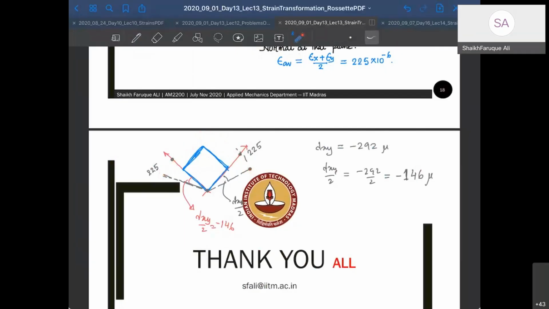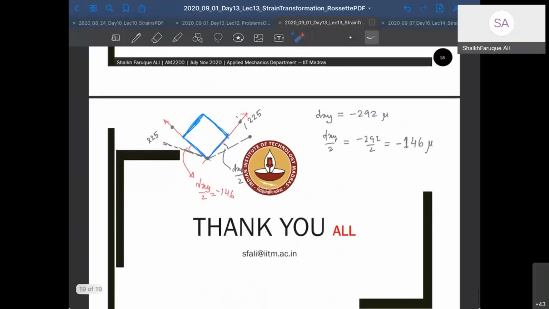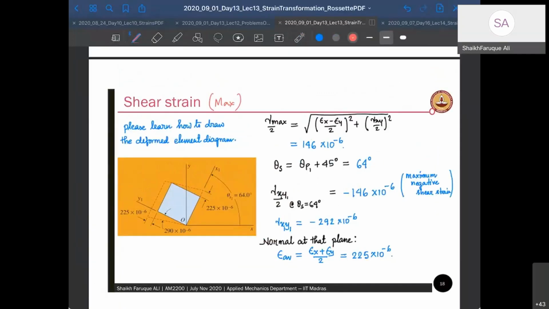So that is your deformed geometry. Let me try to draw it. Yeah, I could draw it, right? So this is my deformed geometry if I go both sides, and if I go only one side, this is enough to draw. Either of these you have to draw when you do transformation or when you find strains at a different orientation.